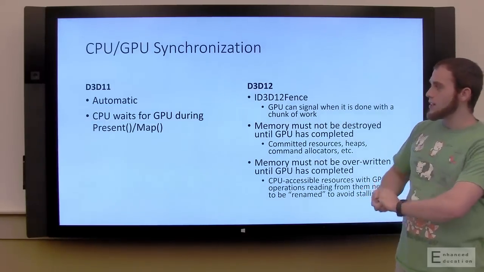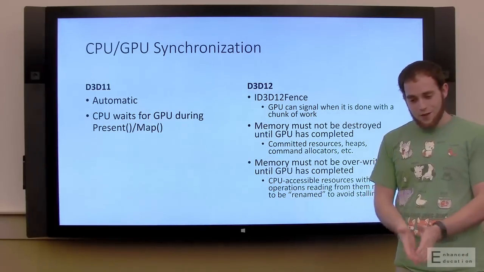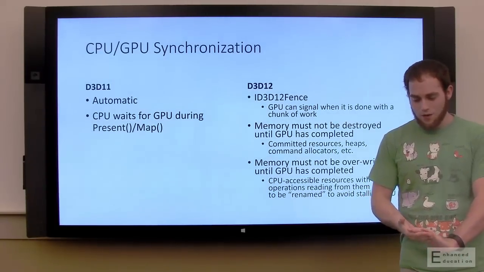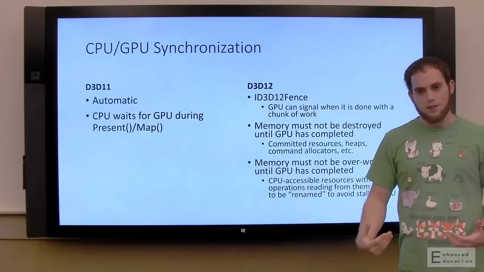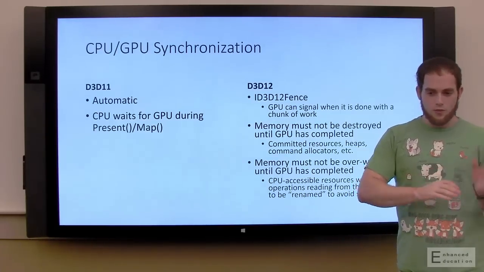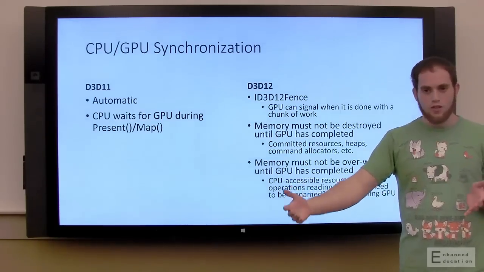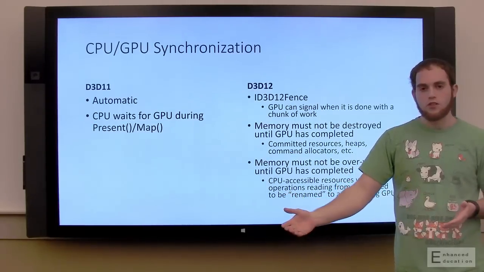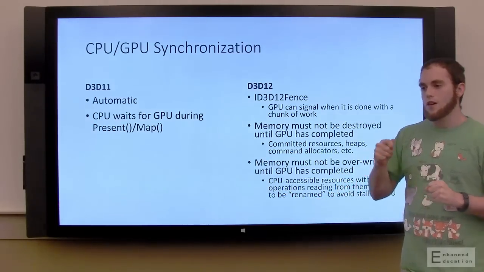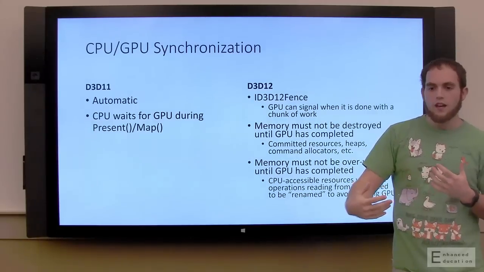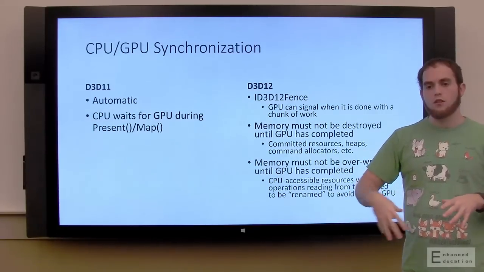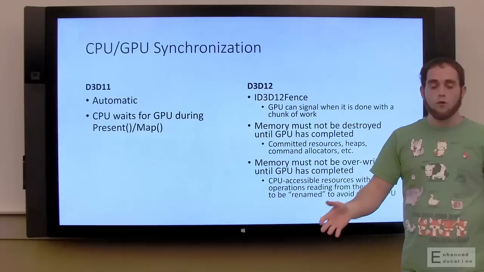CPU-GPU synchronization. In D3D11, like I said before, there was the appearance of a single timeline. So you submit commands and they happen in that order on the GPU, and that's basically all there is to it. You don't need to worry about keeping memory alive or anything like that. The runtime and driver managed all of that for you.